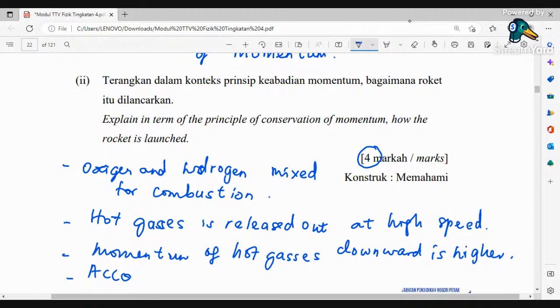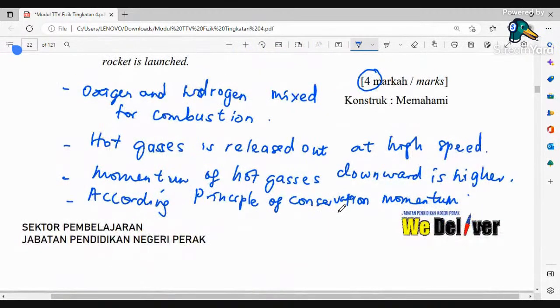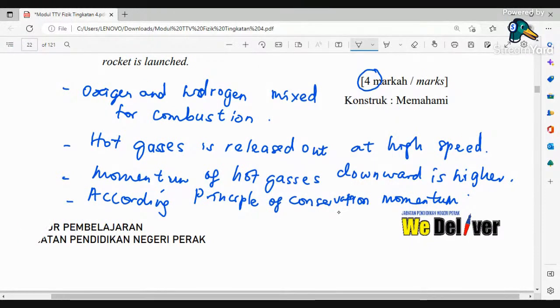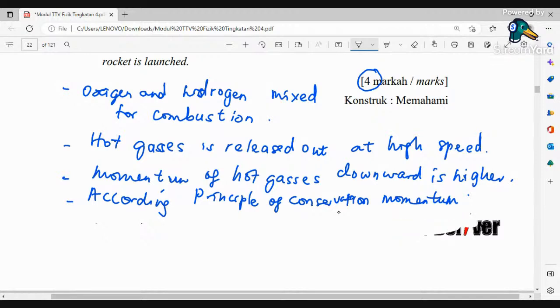Okay, according to soalan, you kena jawab di atas kertas yang diberikan sebab saya guna yang ni. Saya padam ni sebab saya nak tak ada space untuk tulis.